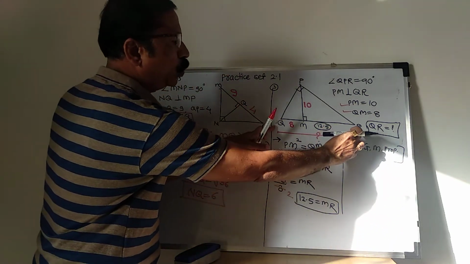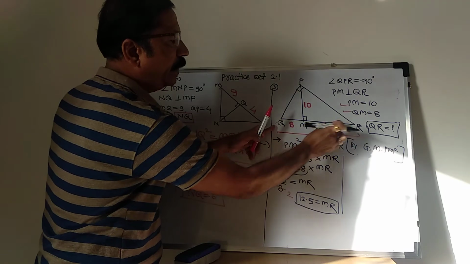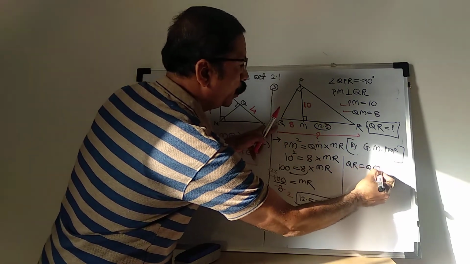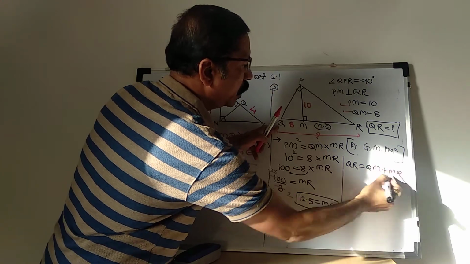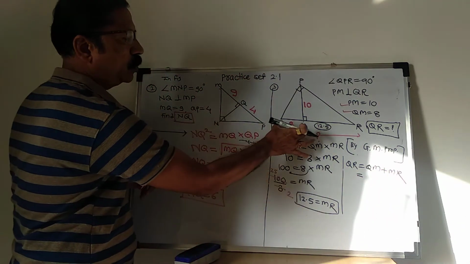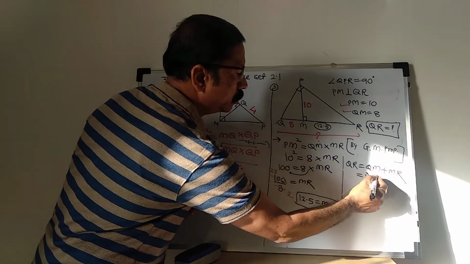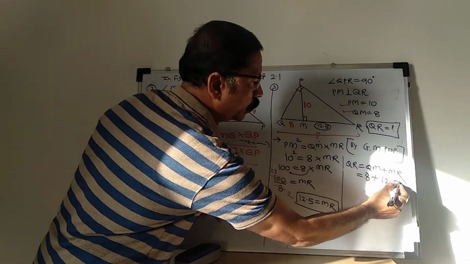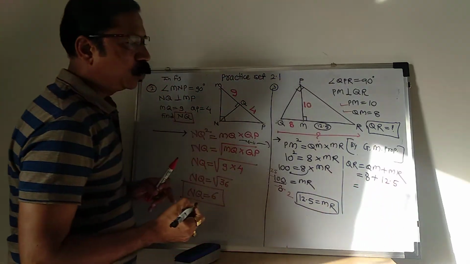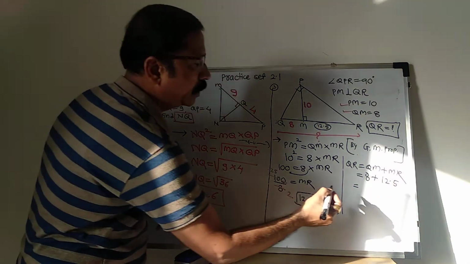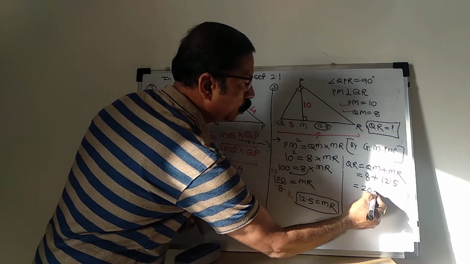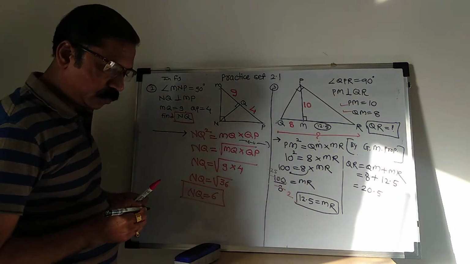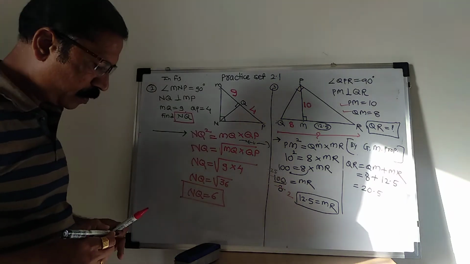QR means from Q to R. Addition of QM and MR. QR is equal to QM plus MR. QM is already given 8. MR you calculated 12.5. Add both. 8 and 12.5 addition gives you 20.5. So write down the answer.